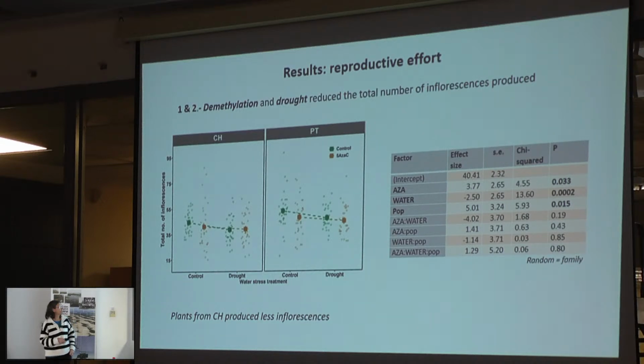So it's a good estimate. And as you see, there was an effect of azacitidine, of water, and again an effect of population, meaning that plants in this population produce fewer inflorescences in common garden conditions in the greenhouse.